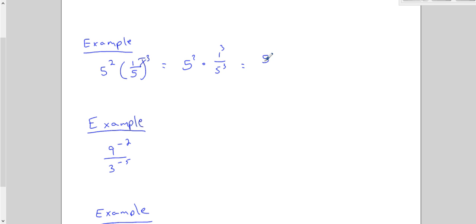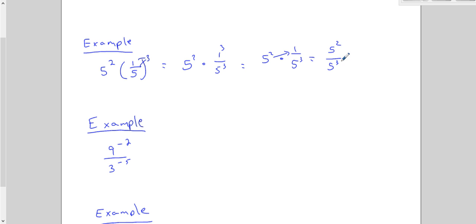Let me clean this up a little bit. 5 squared times 1 over 5 to the third. Now I have a whole number here, and I'm going to leave it as 5 squared and not change it to 25. But anytime I have a whole number times a fraction, it gets multiplied by the numerator only. So I have 5 squared over 5 to the third.